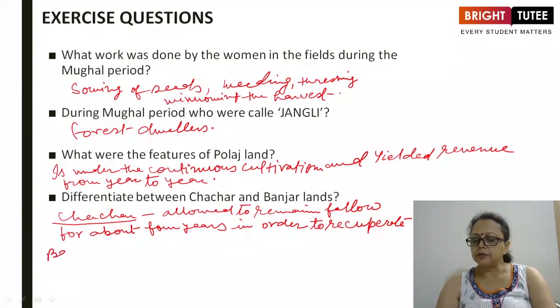Then it is Banjar, land that remained out of cultivation.